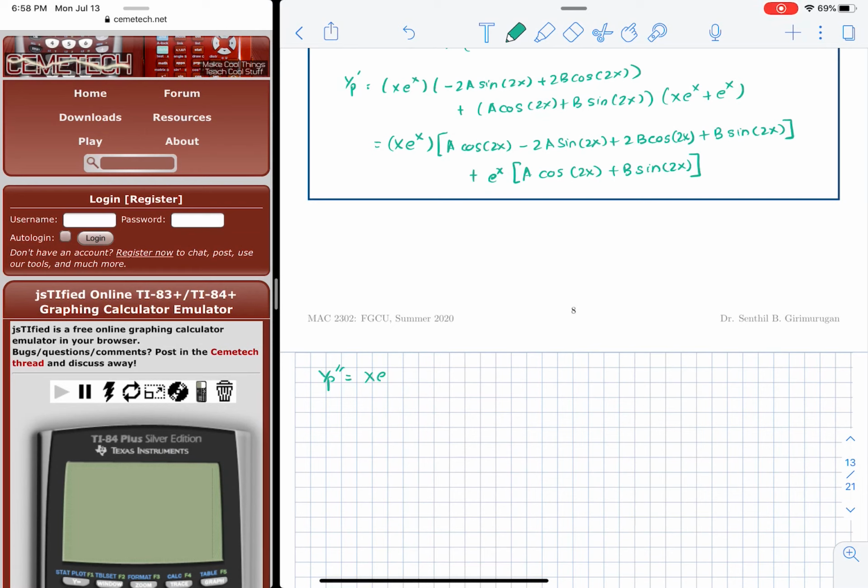The second derivative is x e raised x multiplied by a cosine 2x.